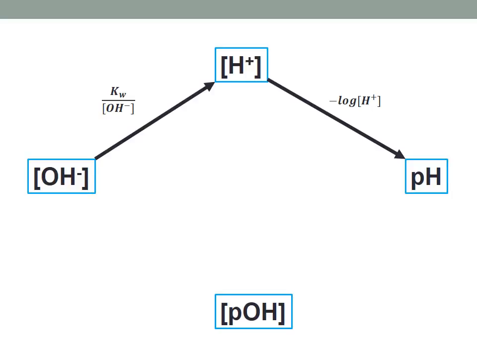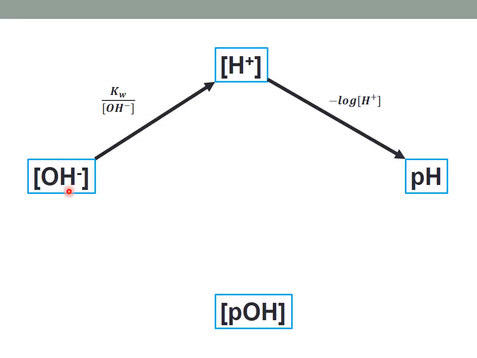You can go from hydroxide ion concentration to hydrogen ion concentration, then to pH. How do we go from hydroxide ion concentration to hydrogen ion concentration? We take Kw and divide it by the hydroxide ion concentration. That gives us our hydrogen ion concentration. Once you have that, you take the negative log and you get the pH.